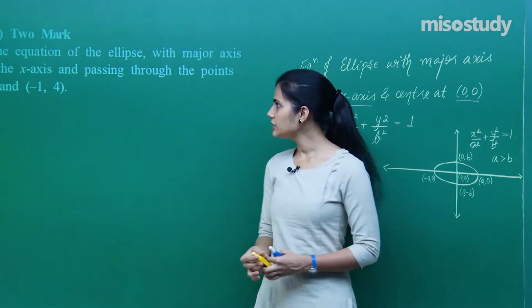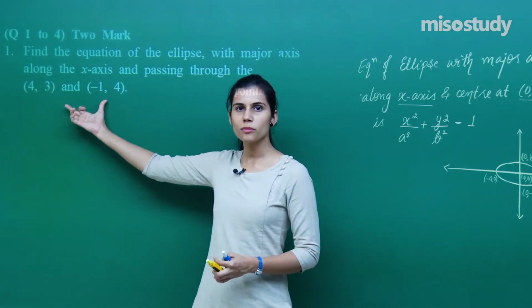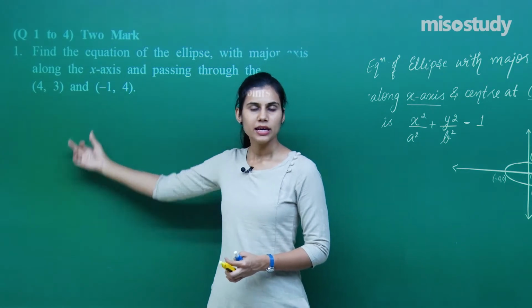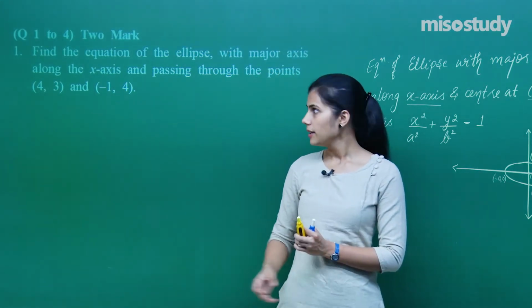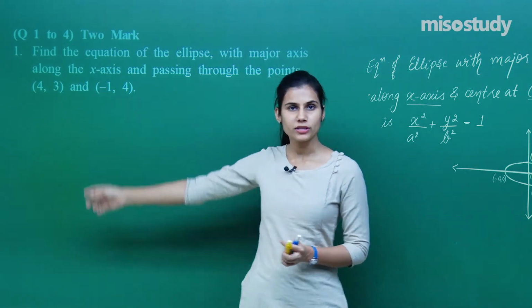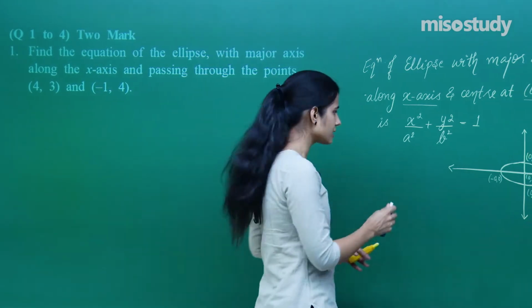Now it is given that these 2 points (4, 3) and (-1, 4) are actually lying on this ellipse. x and y represent the coordinates of all the points which lie on this ellipse. That means the coordinates of these 2 points are going to satisfy the equation of my ellipse.